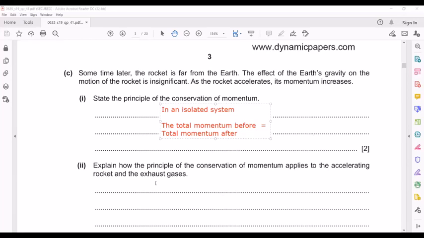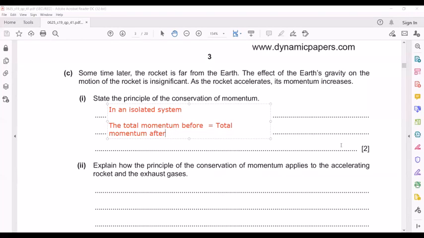That is the principle of conservation of momentum.